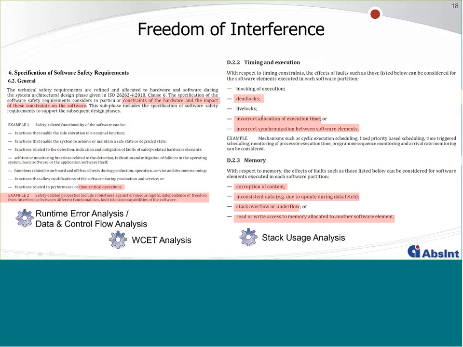That includes deadlocks, execution time problems, incorrect synchronization, and you have spatial interference, like corruption of content, in particular due to data races, stack overflow, underflow, and cross-software element accesses. That's again something you can discharge by runtime error analysis or data and control flow analysis. And you also have to look into worst-case execution time and stack usage analysis.